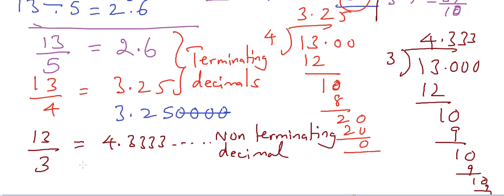So in a shorter form, this can be written as 4.3 with a bar over the digit that gets repeated, or it can also be written as 4.3 with a dot.